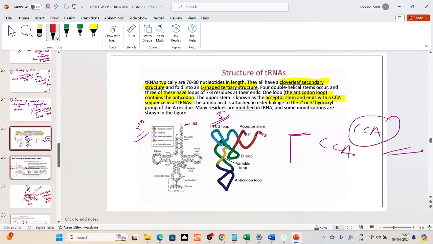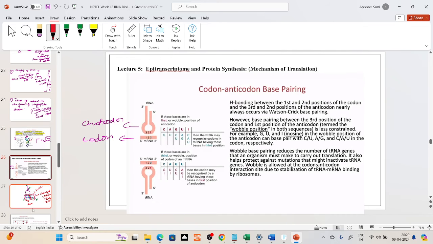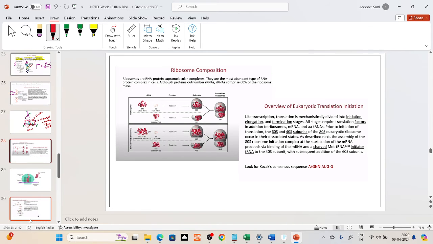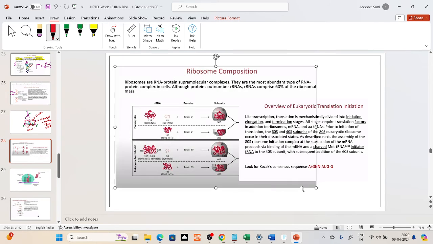Then we saw the codon anticodon base pairing, and then this is the ribosome composition. We have studied it many times. We know that there are two types of ribosomes, prokaryotic ribosomes and eukaryotic ribosomes.